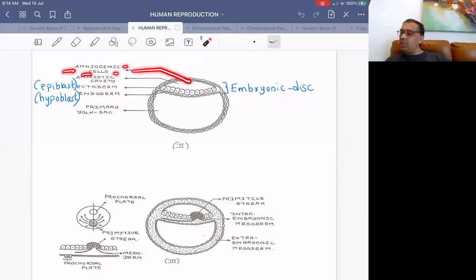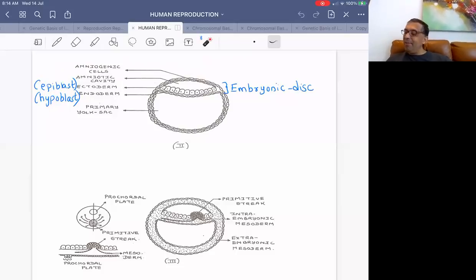Amniogenic cells form the roof of the amniotic cavity. So the roof of the amniotic cavity is formed with the help of amniogenic cells.